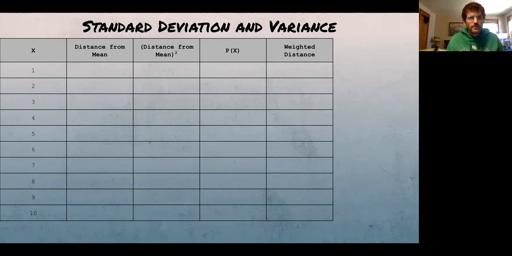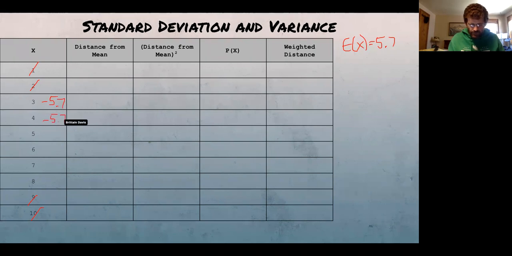So the first thing we want to do is get the distance from the mean, and the mean is 5.7. Now we didn't have 1, 2, 9, or 10 as outcomes. We did have 3 through 8, so I can just start all of these, I can just subtract 5.7 from each to get the distance from the mean.